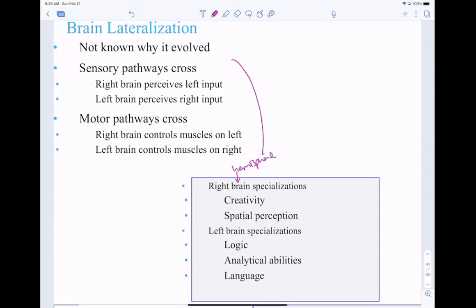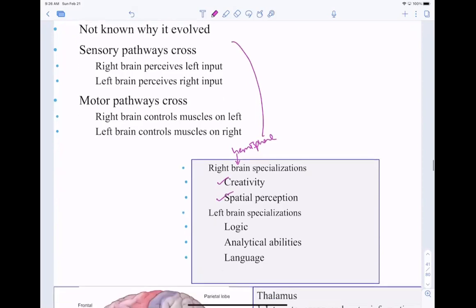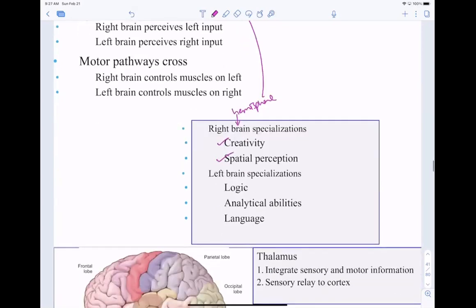The right hemisphere tends to have more creativity, spatial perception, and the left hemisphere has more logic, analytical language. It's not a hard and fast rule for everyone. Not a lot of people want their brain studied while they're still alive and using it. As technology gets better, we're able to study brains a little bit better, but there's still a lot of guesswork.